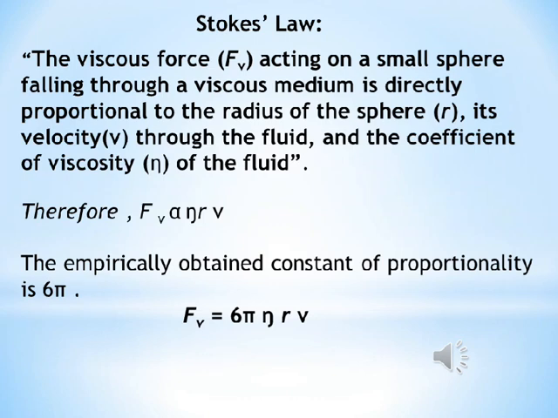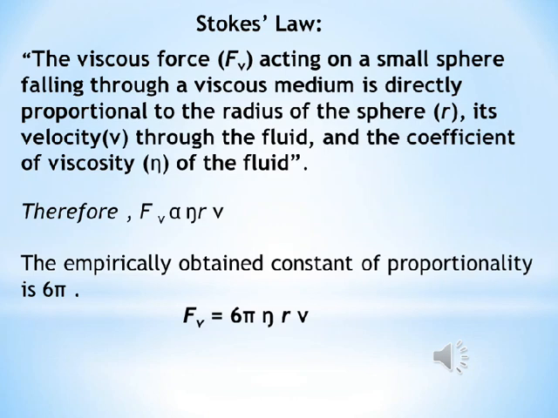So that is given by Stokes law. Stokes law says that the viscous force, which is Fv, acting on a small sphere falling through a viscous medium is directly proportional to the radius of the sphere, r, its velocity v through the fluid, and the viscosity eta of the fluid. Obviously, all these terms are necessary when any metal ball is moving inside a fluid.